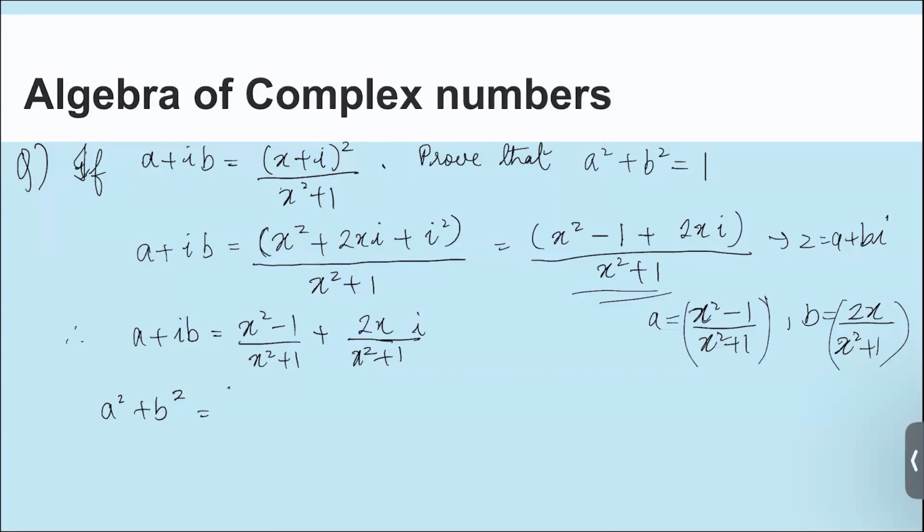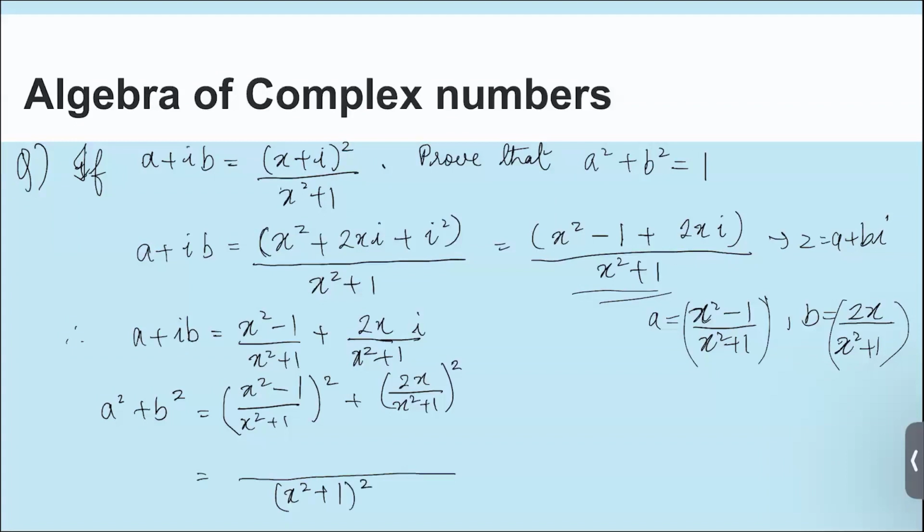So what you get is x squared minus 1 upon x squared plus 1, the whole square, plus 2x upon x squared plus 1, the whole square. Now over here again the denominator is the same, so you put everything together. So x squared plus 1 you keep in the whole square. On the top, you can expand x squared minus 1 the whole square.